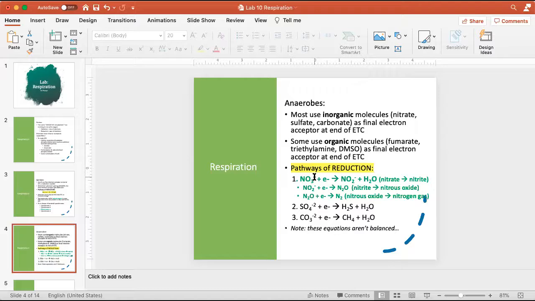Nitrate is going to get reduced. It's going to receive electrons coming down the electron transport chain, and that's going to convert the nitrate to a molecule called nitrite. So it's really important that we keep these two names separate. Nitrate is the original molecule, the final electron acceptor. And when it accepts electrons, when it gets reduced, it becomes nitrite.